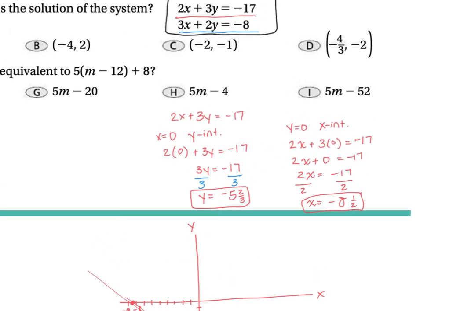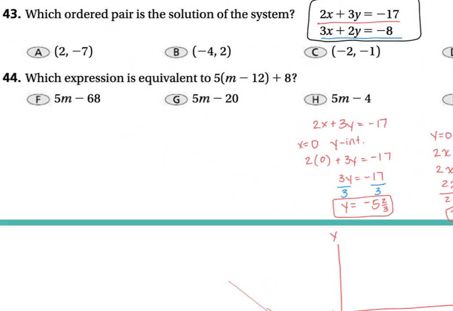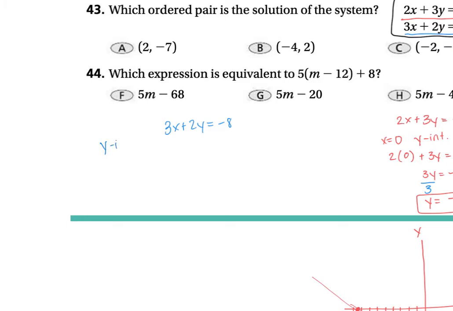Okay, for the blue line, okay? Now all we're gonna do is do the same thing since it's also in standard form. So we're gonna write 3x plus 2y equals -8. How do we find the y-intercept? Good, plug in 0 for x. If x equals 0, we've got 3 times 0 plus 2y equals -8.